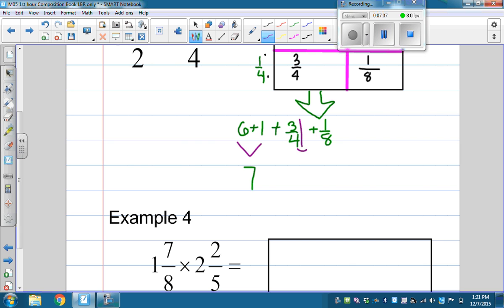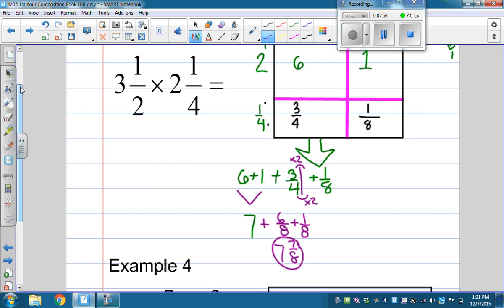And then the 3/4 I'm going to switch to 8ths with my common denominator strategy. So 6/8 plus 1/8. So altogether I get 7 and 7/8. So the final answer to this problem is 7 and 7/8.